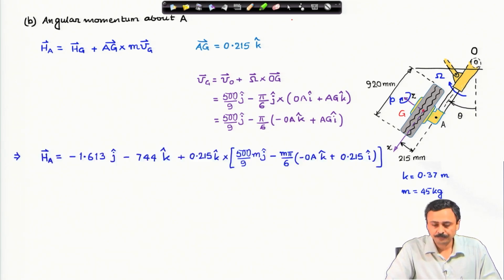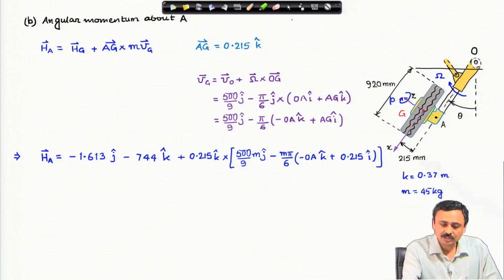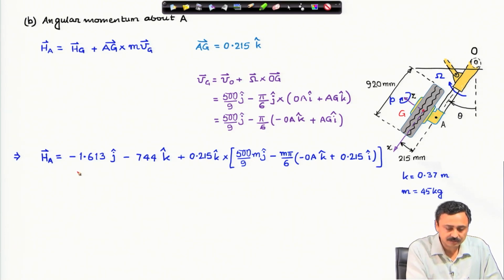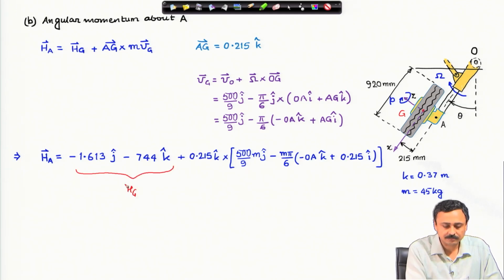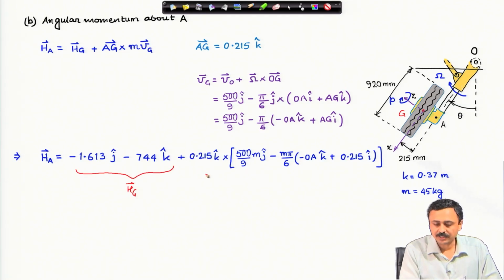So far so good. Now, I plug in these expressions in the angular momentum expression about A, the absolute angular momentum. This first vector is H g, and the rest of it is A g vector cross mass times velocity of g.